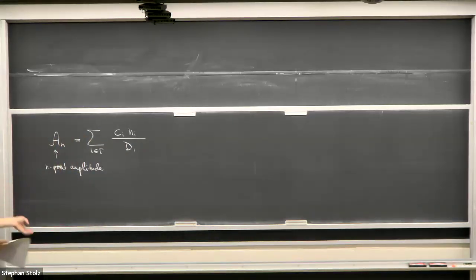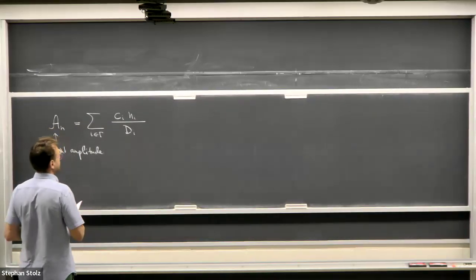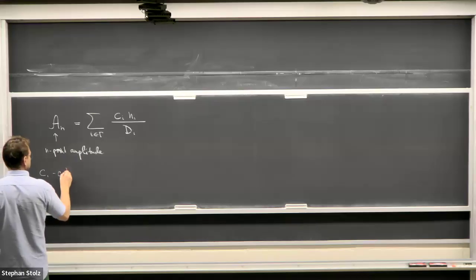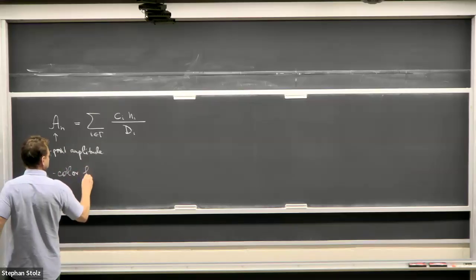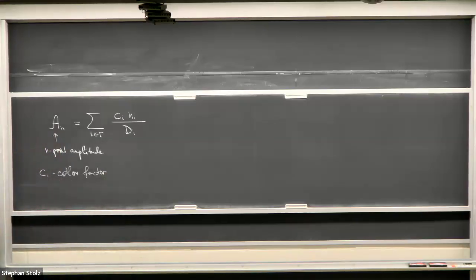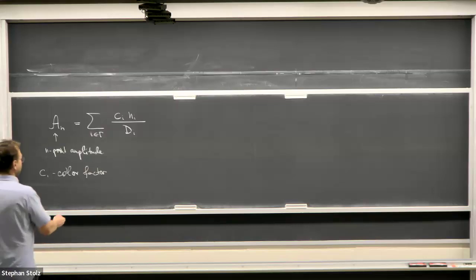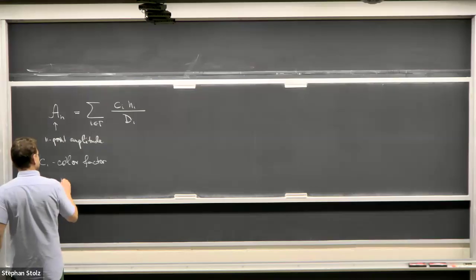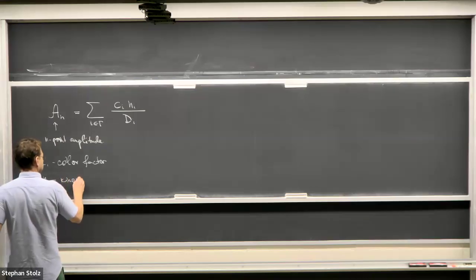So Ci, I will give you an example in a moment. Ci is called the color factor. It is constructed entirely from Lie algebra data attached to the graph. Then Ni will be a kinematic factor.